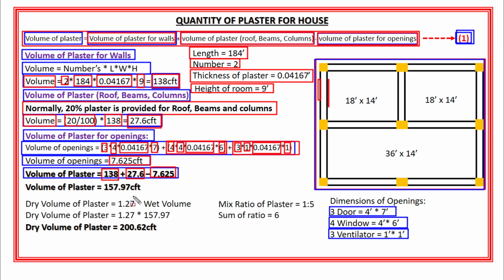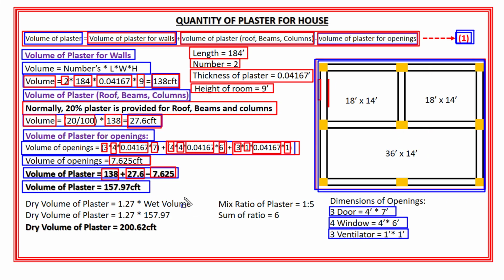Okay, and the total volume of plaster will become 157.97 cubic feet. Now this 157.97 cubic feet is the wet volume of plaster for this house.